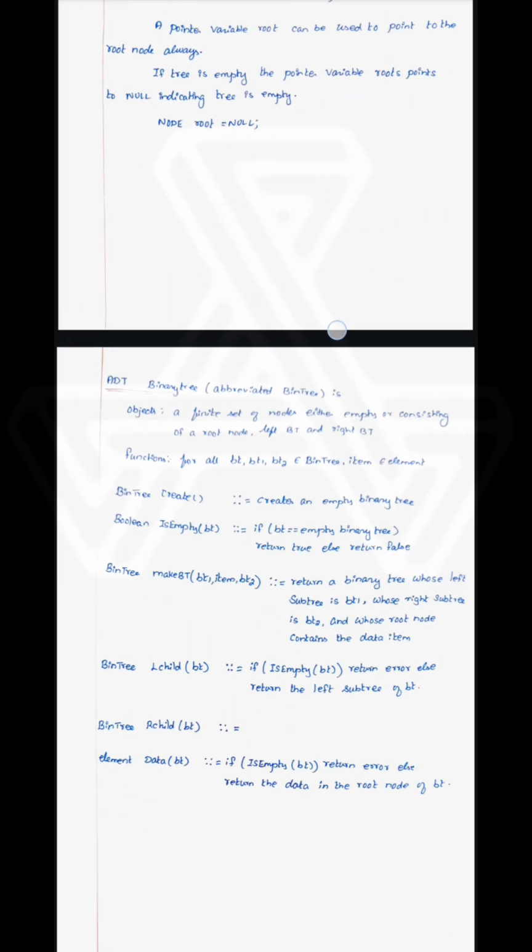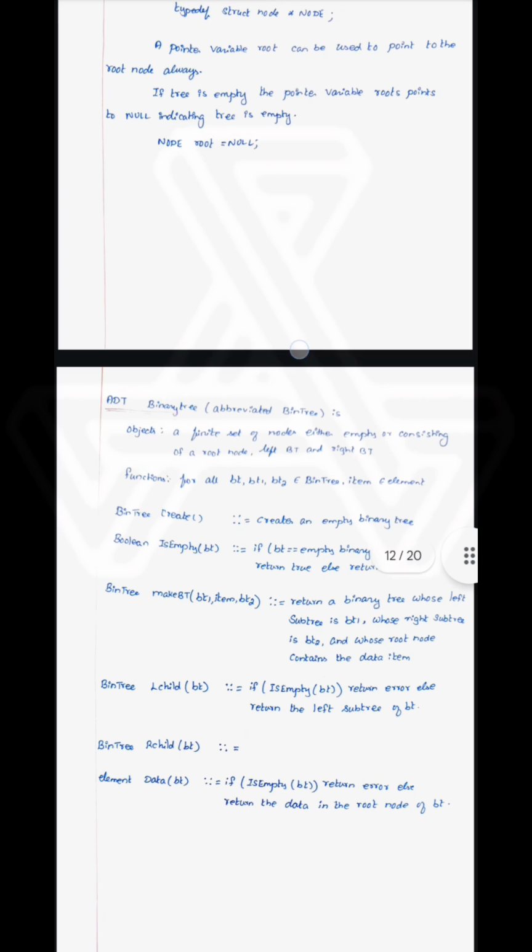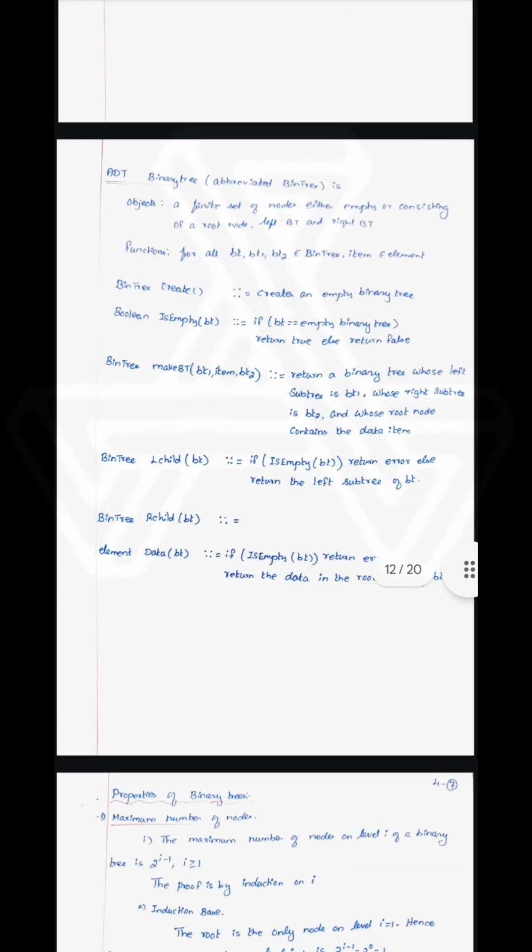ADT binary tree, abbreviated BinTree, is an abstract data type of binary tree objects: a finite set of nodes either empty or consisting of a root node, a left binary tree and a right binary tree.